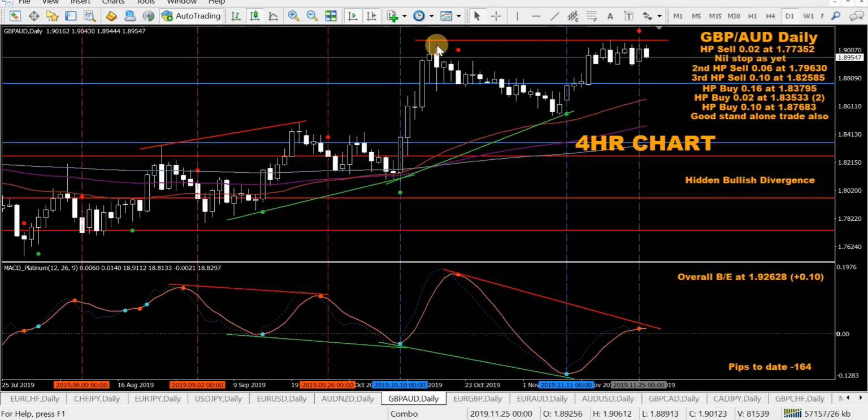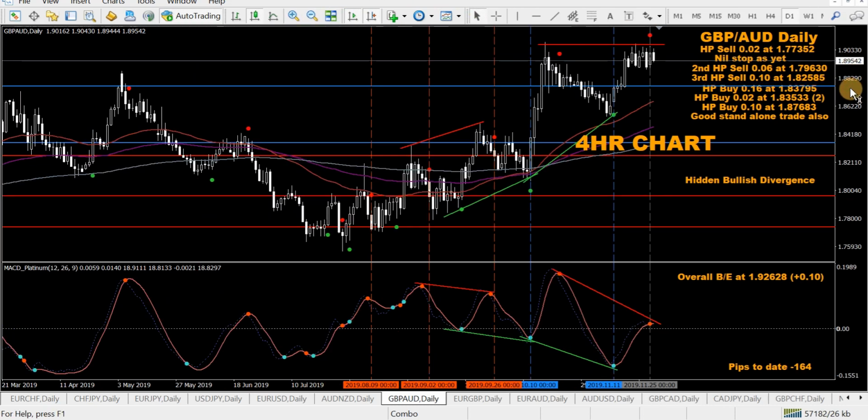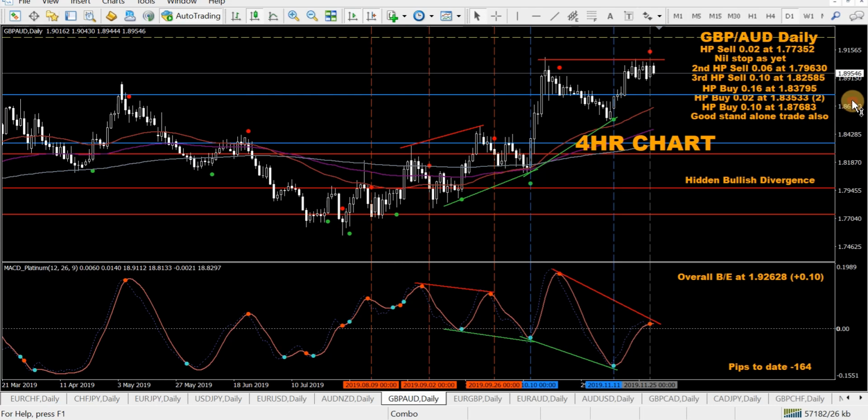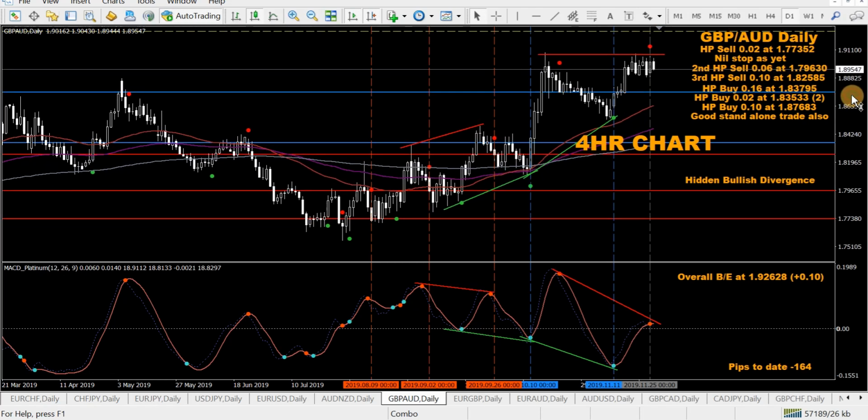I was reluctant. I'm at this high here. This line was already drawn in. There is divergence. I just didn't like that big bullish candle, and because I'm plus 0.10, my overall break even's not that far away. So it kept on popping up. It would have been all right. So my overall break even's a long way away.